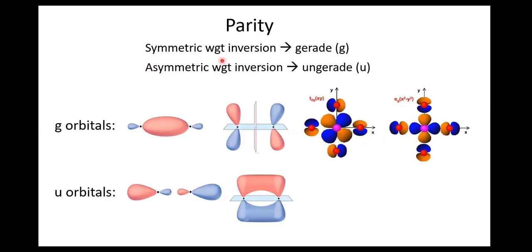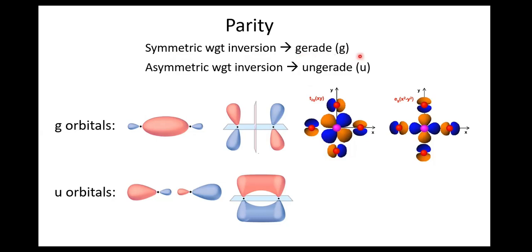So parity simply means symmetry with regard to inversion, right? If we have an inversion center, we move this x, y, z to minus x, minus y, and minus z. If the whole system is symmetric with regard to inversion, we call this gerade.